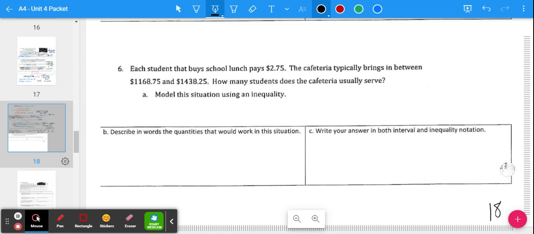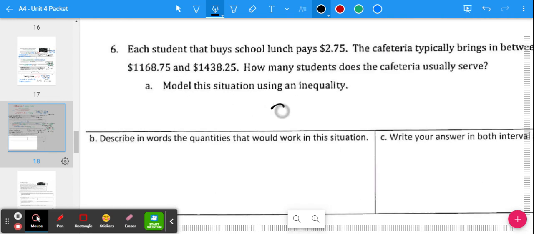So for my honors kids, each student that buys school lunch pays $2.75. The cafeteria typically brings in between $1,168.75 and $1,438.25. How many students does the cafeteria usually serve? So we know that it's going to be $2.75 per lunch.